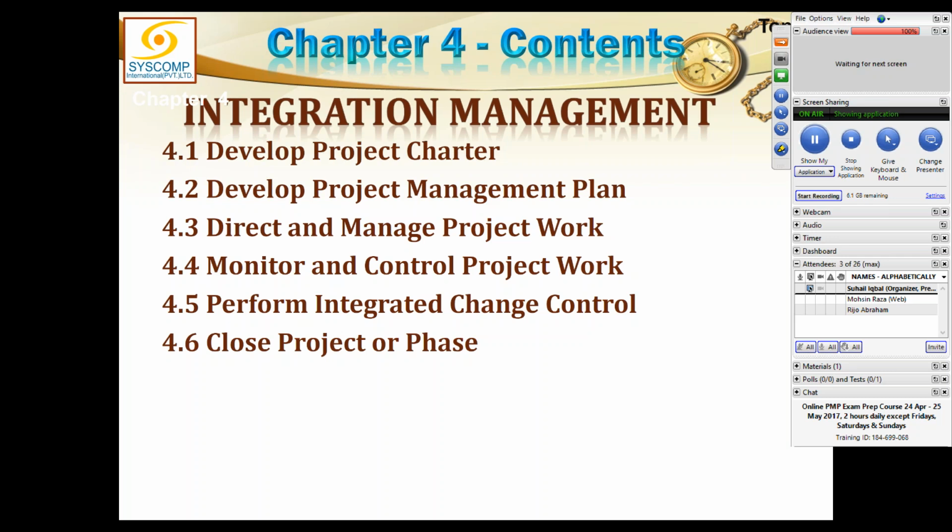With the exception of HR, all the knowledge areas do have a control in monitoring and control, and each control is processing the work performance data received from direct and manage project work and analyzing that data. After processing it, it converts that data into work performance information, and work performance information from each of those controls will travel to monitor and control project work, which I call the chief analyst.